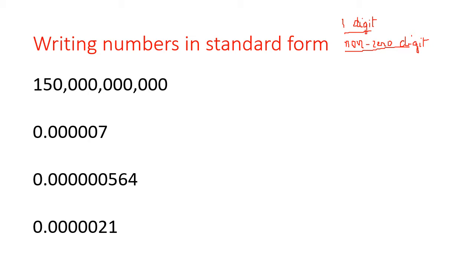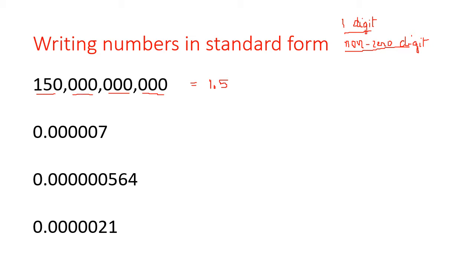So this number 15000000000, here the first non-zero digit is 1. So I write 1, then I put the decimal point. After decimal point there is 5. Now when I have written this 1.5, so what is actually done here?